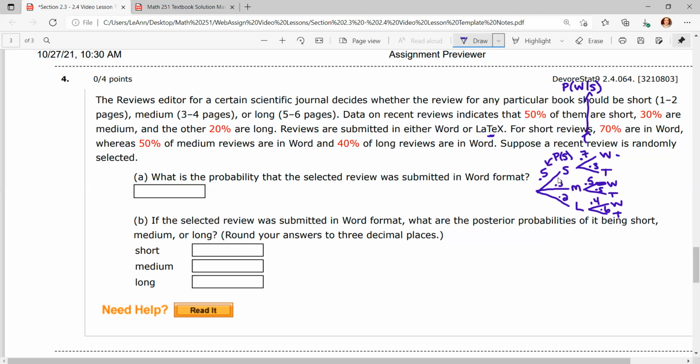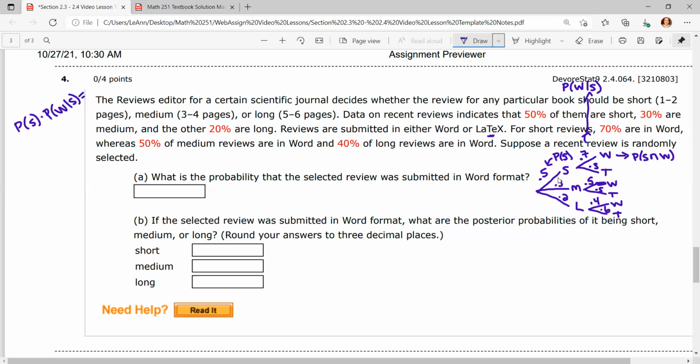Now, when you multiply those branches out, you get what's called the intersection. And I'm going to explain why you get the intersection here. So it's the intersection of short and Word, because you did a probability of short, which is a singular event, times the probability of Word given short.